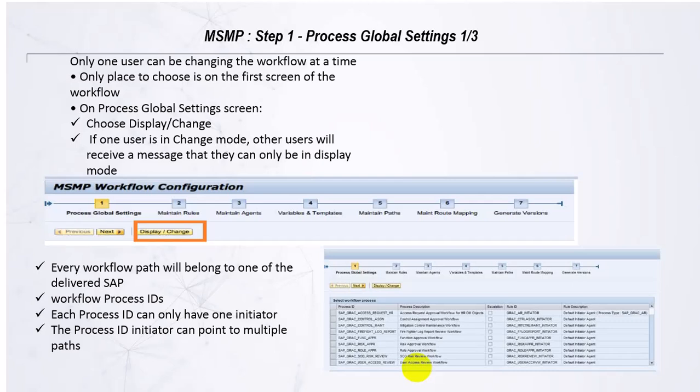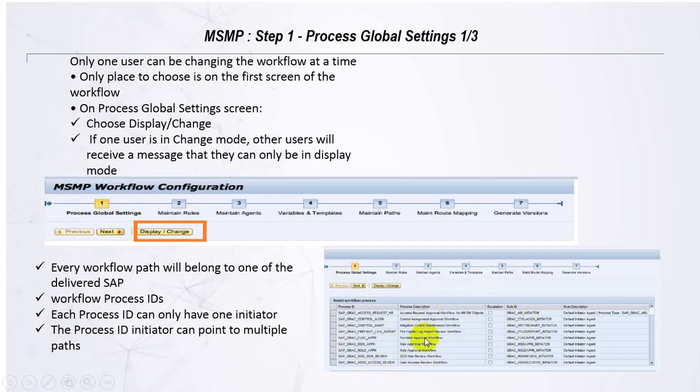Based on the user count, companies will perform this activity, and audit and compliance are involved and aligned. So all these are called the standard process IDs, and all of them will be available in the process global settings.